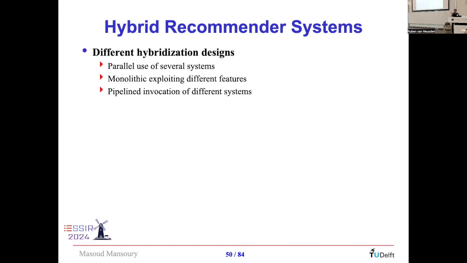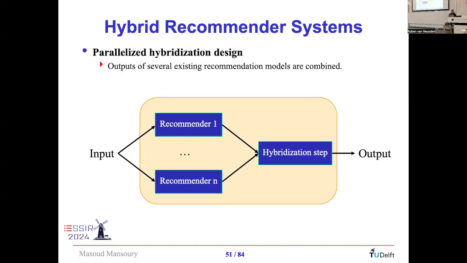There are three general hybrid recommender approaches. The first one is training different recommendation models, taking their output, and then aggregating the output or aggregating the representations for users and items that you learn from each model.